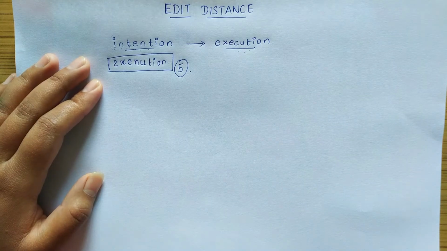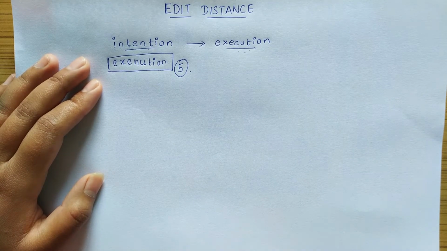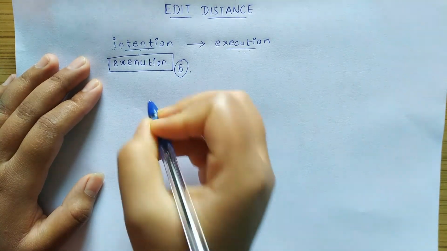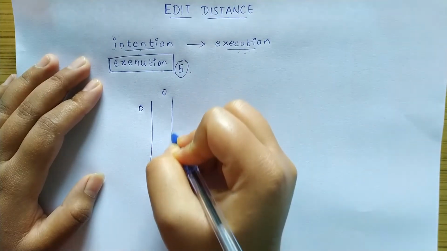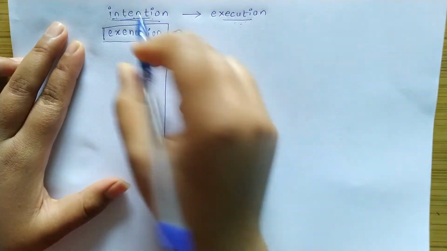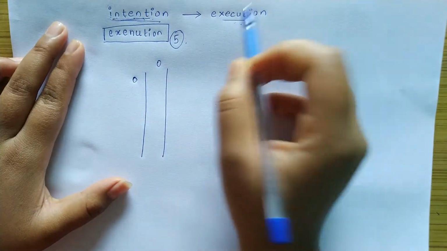Now, since we have to find out the minimum number of operations, we will be using dynamic programming. For this, we will make a table like this, where the first row and column will be 0. We will put on this side the string we are trying to convert, and on the other side the one to which we are converting.